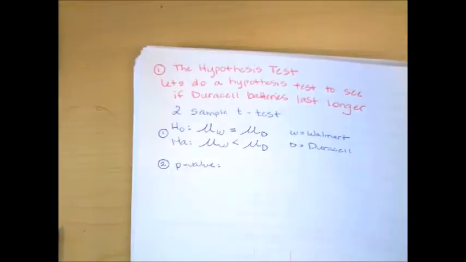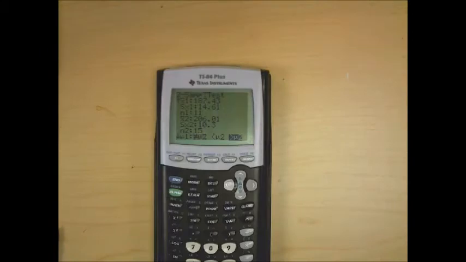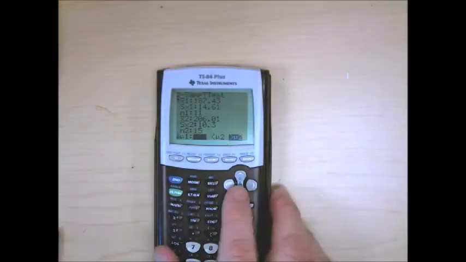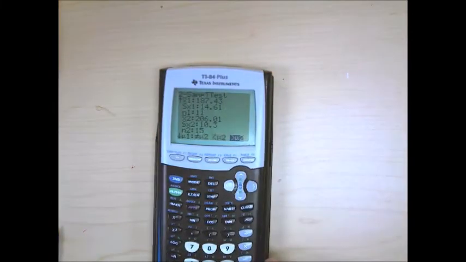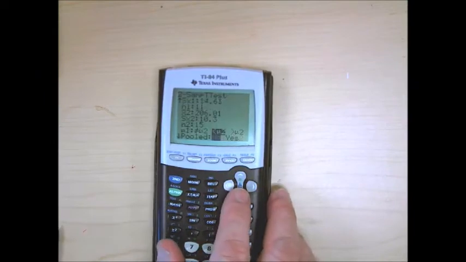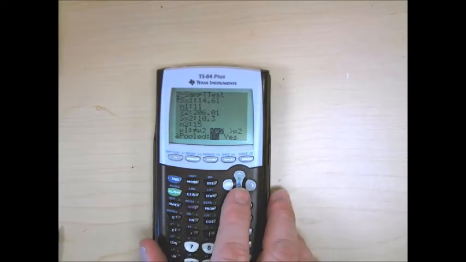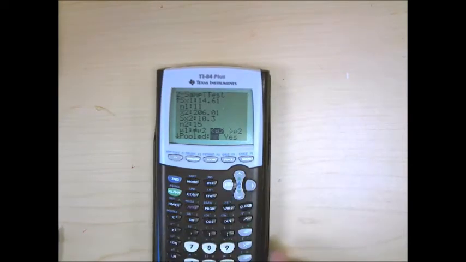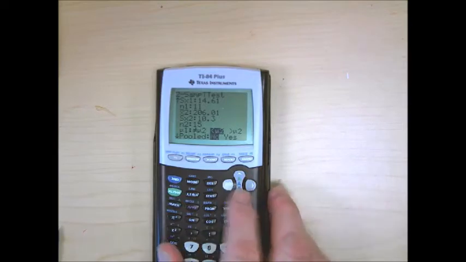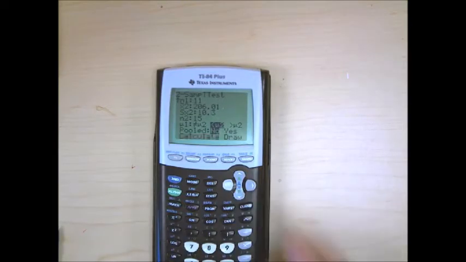So I had the less than sign going in the HA. So it's a one-tail low test. Here's where the calculator is asking, do you want to pool the samples? And the answer is no. Say no. And then just go down to calculate.